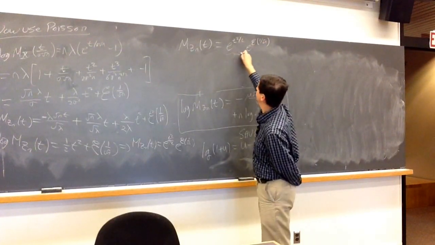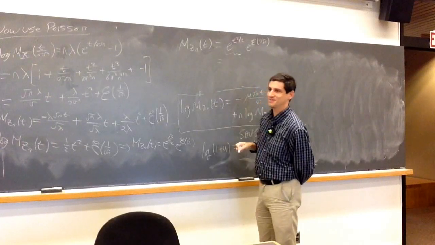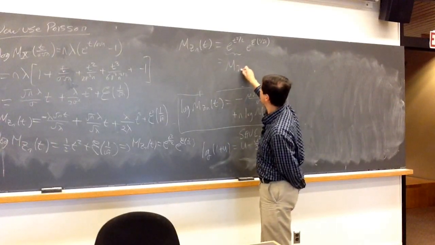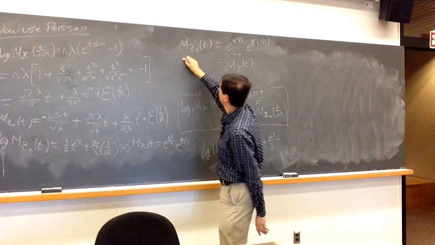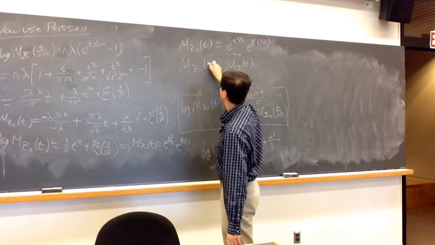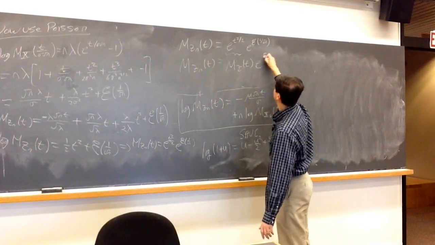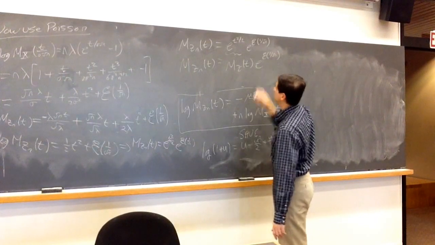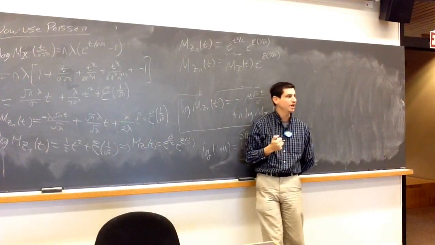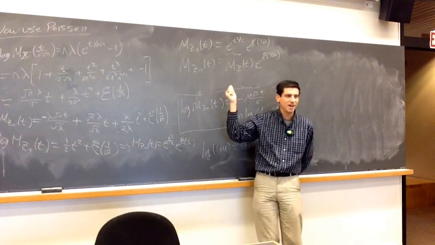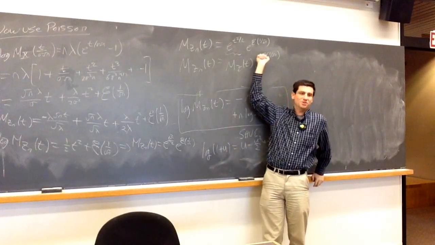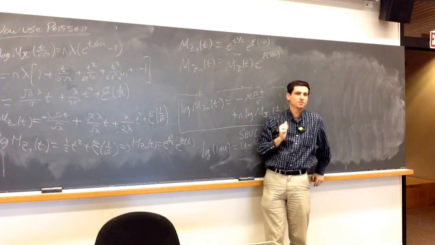Well, what is this over here? What does that equal? The moment generating function of the standard normal, the moment generating function of what I want, and here I have the exponential of something of size 1 over root n. As n gets very, very large, this is the exponential of 0. What's the exponential of 0? 1.